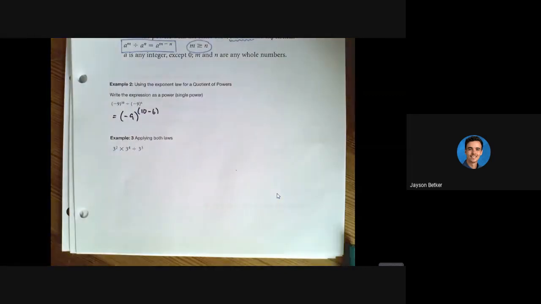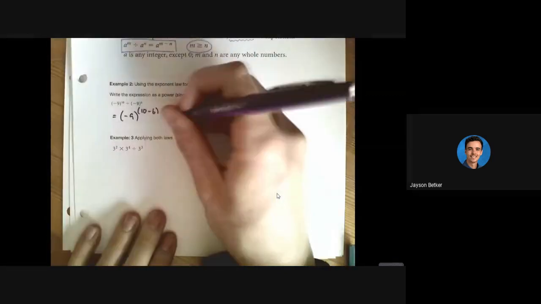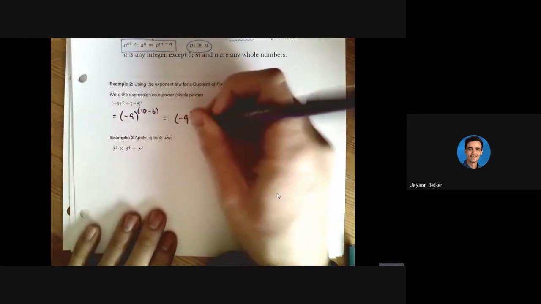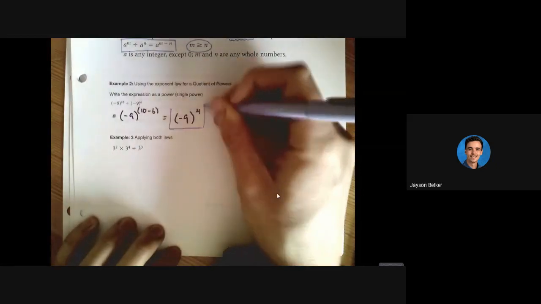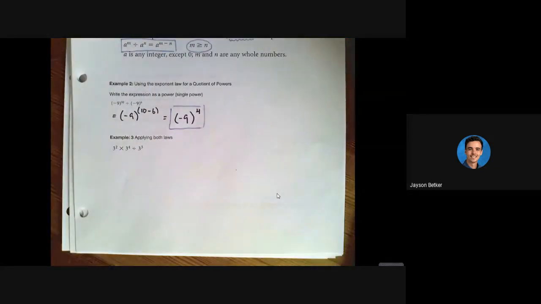So 10 minus 6. Our answer then becomes negative 9 to the 4. Now, this question isn't asking us to evaluate it yet. It's just asking us to write it out as a power. So that's my final answer. But when you eventually get to that point, you can end up solving that and giving me an answer. We'll do that on the next page.